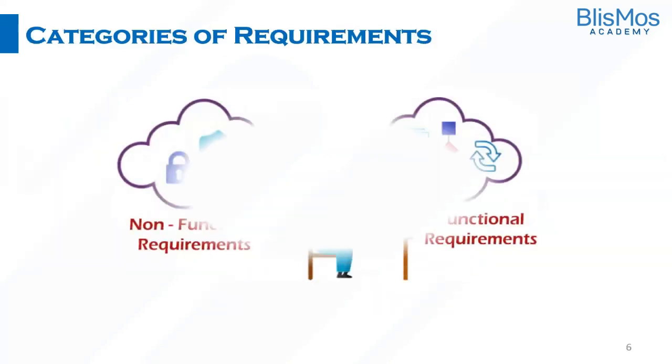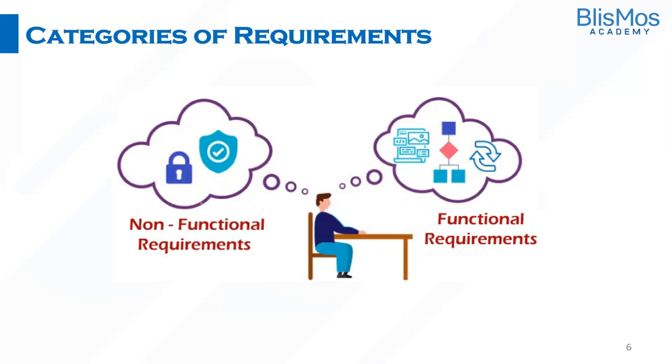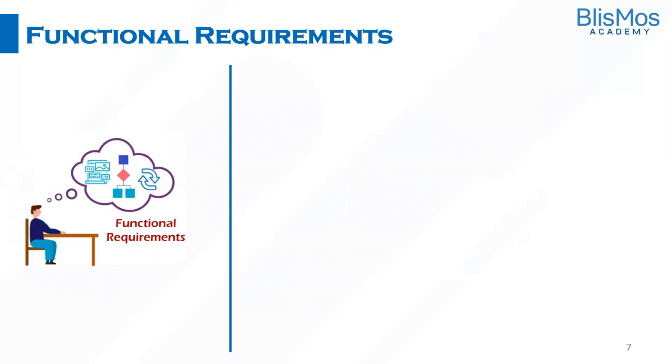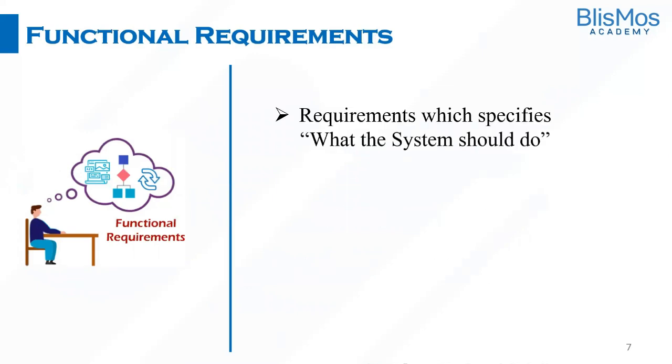Coming back to our requirement, we have non-functional software requirements and we have functional requirements. What exactly is a functional requirement? Requirements which specify what the system should do, what the application should do. That is a functional requirement.